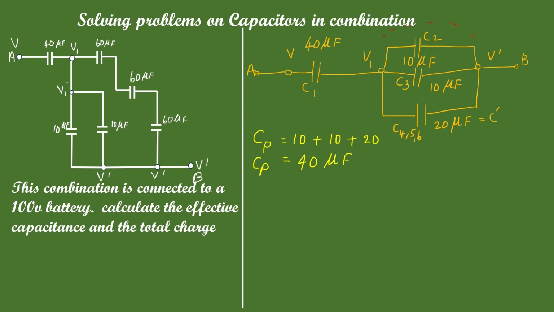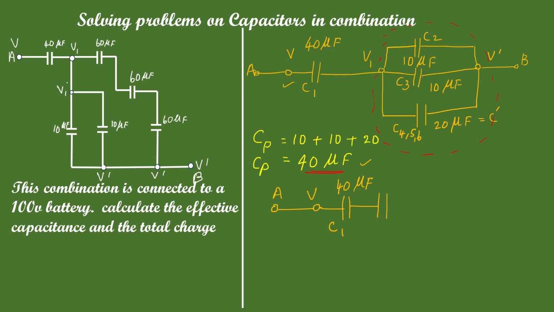So, we can represent these three capacitors between V1 and V dash by a single equivalent capacitor with capacitance 40 microfarad. So, the circuit can be further simplified as between V and V1, there is one capacitor C1 with 40 microfarad capacitance, and between V1 and V dash there is only a single capacitor with effective capacitance of 40 microfarad.